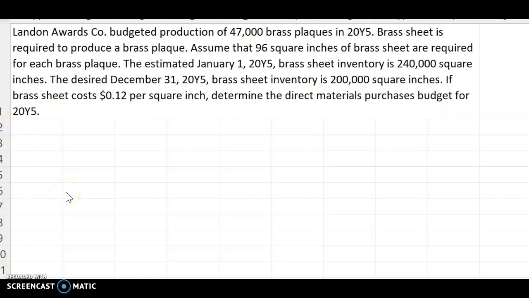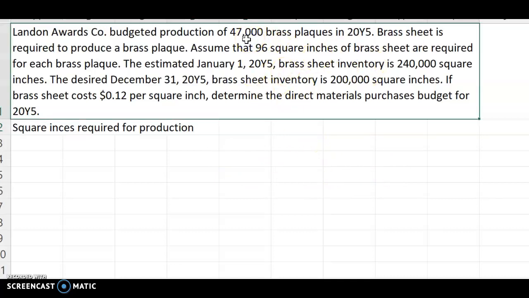So the first thing we need to do is look and see how many square inches are required for production. So we just call this square inches required for production. The way that we find the square inches required is we're going to look to see how many we plan to produce. So we plan to produce 47,000, and how much we need.